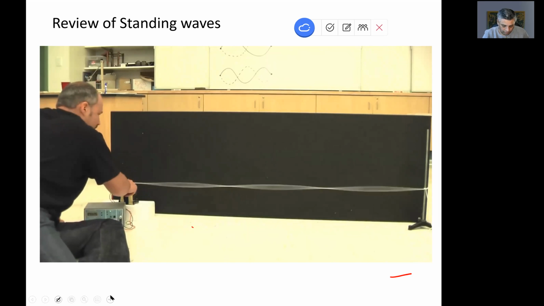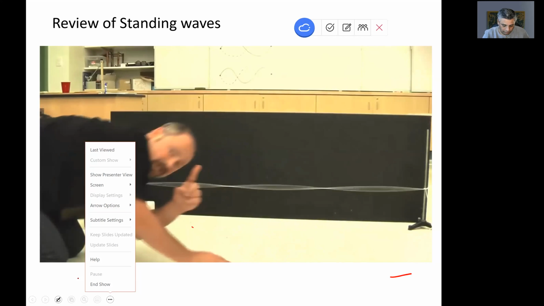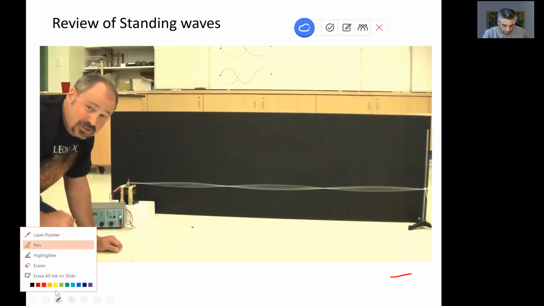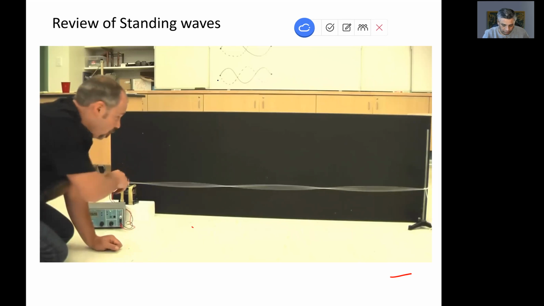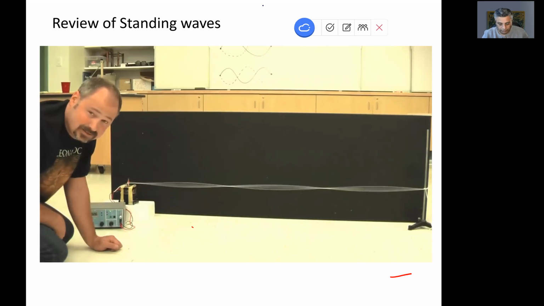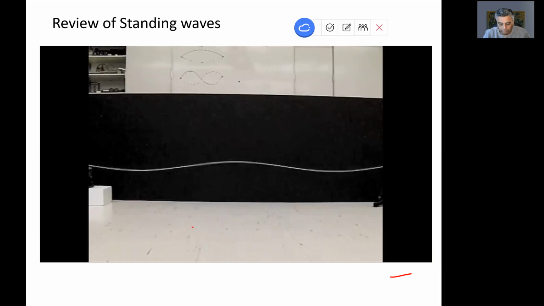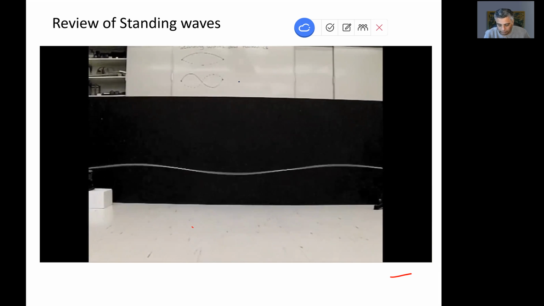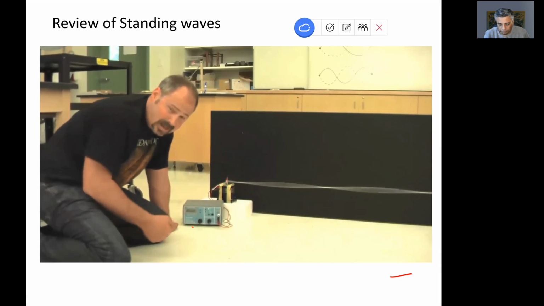Well, it's 1.5 wavelengths. And it's easier to see in high speed. So check out this shot with the high-speed camera and verify for yourself that it is 1.5 wavelengths. So again, third harmonic, 1.5 wavelengths.